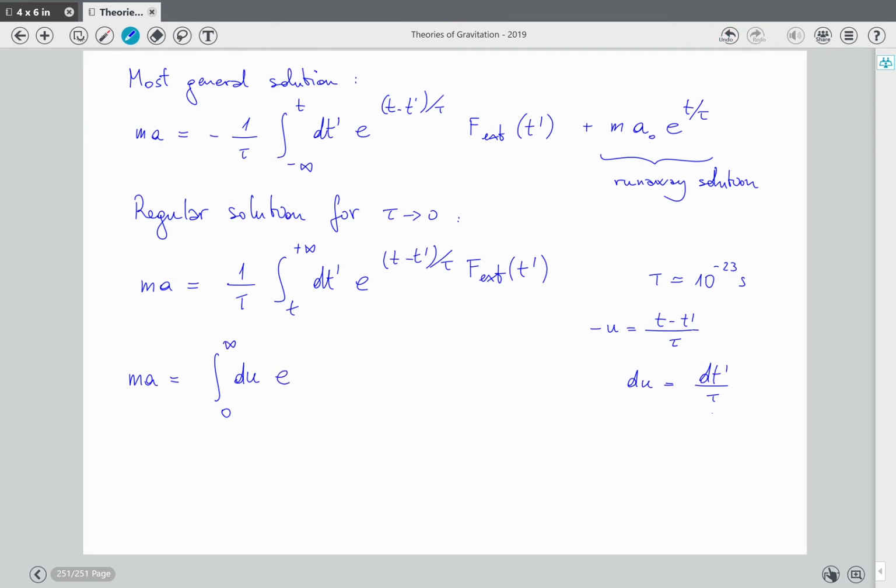And then the exponential now becomes the exponential of minus u, and then the external force becomes the external force in t prime. So here we have t prime equals t plus u tau.